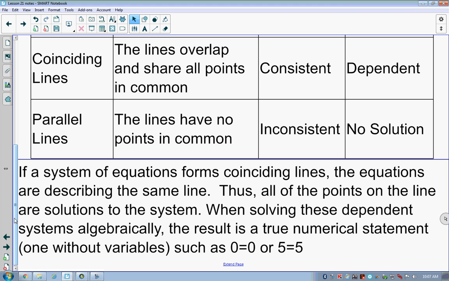Basically, you're going to get down to something like 0 equals 0, 5 equals 5, 7 equals 7, -8 equals -8, right? That's going to tell me that my lines are overlapping, whenever I reduce it down and I get a number equals that same number, okay? Now, if for some reason I got a number that didn't equal another number, I'm probably dealing with parallel lines because there's no solution. It's untrue, right?